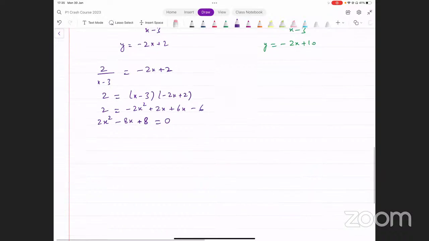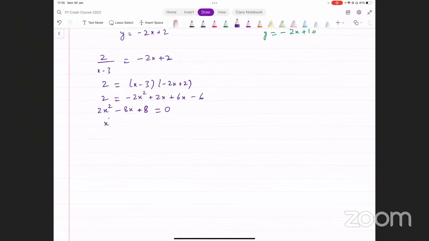And this equals 0. Now we can simplify this, divide the whole equation by 2. That gives us x squared minus 4x plus 4 equal to 0. If we were to factorize this, you're going to get x squared minus 2x minus 2x plus 4 equals 0. You get two factors from this, x minus 2 and x minus 2. All right, so the value of x that we get from this is x equals 2.